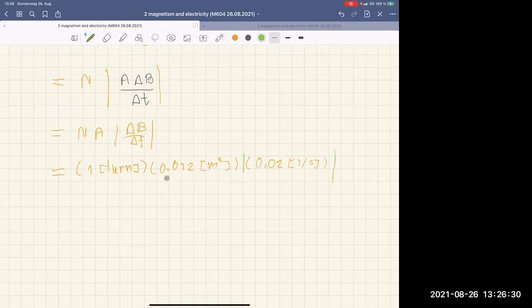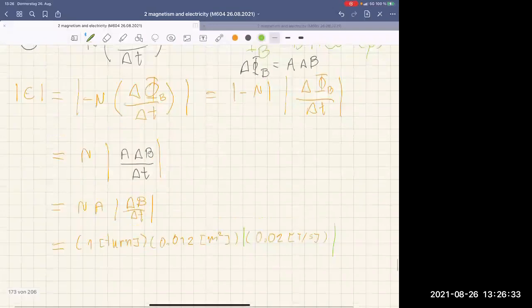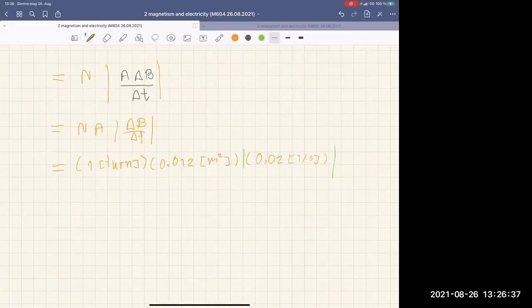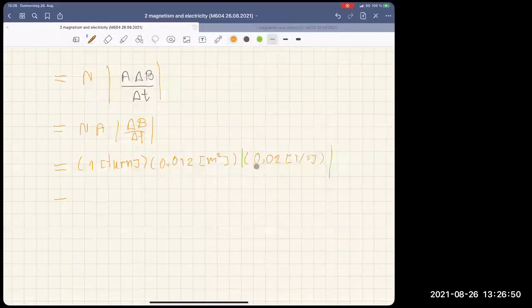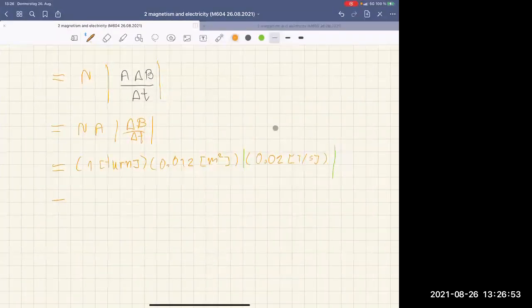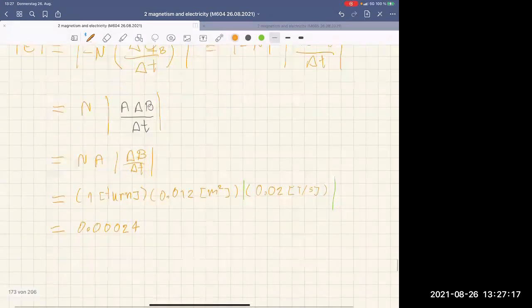We place all these three amounts into the calculator and get the multiplication result. 12 times 2 is 24. So it's equal to 0.00024, the fifth position after the decimal point, and we get that the unit for the epsilon is volts.